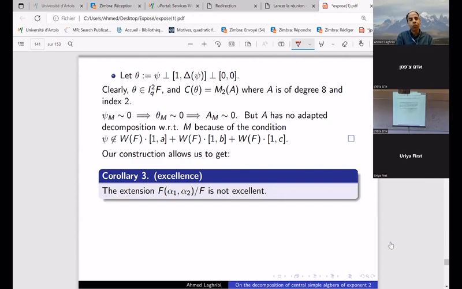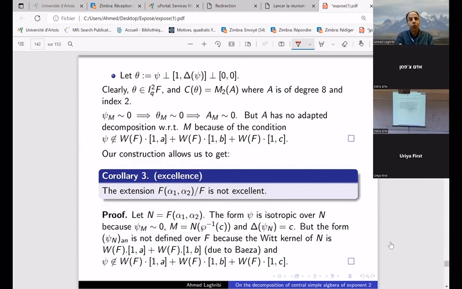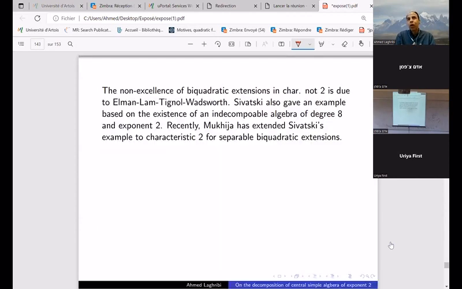And now let me tell you a few words about what we know about excellence or non-excellence for quartic extensions. The first example of non-excellence of biquadratic extensions in characteristic not 2 was given by Elman, Lam, Tignol, and Wadsworth.